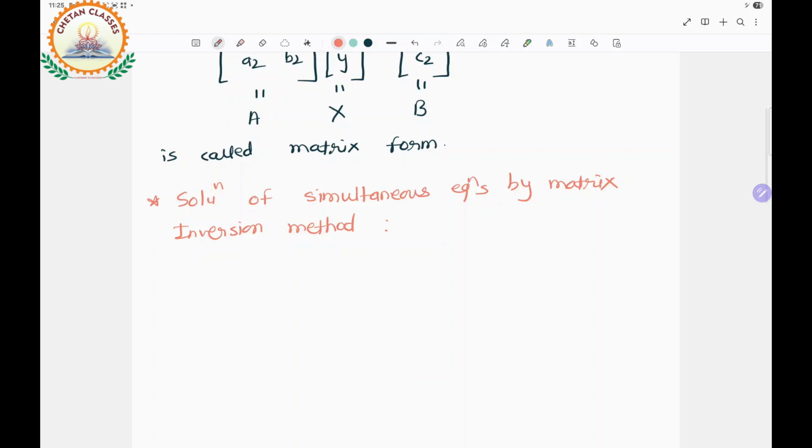So how to find the solution? Since we have AX is equal to B, find A inverse using the adjoint method.